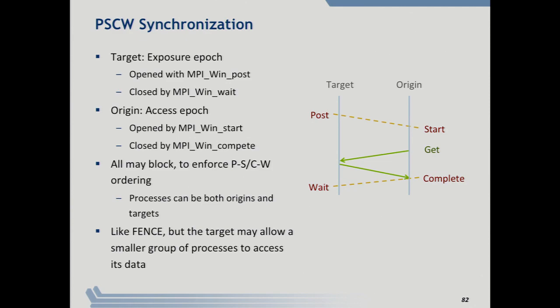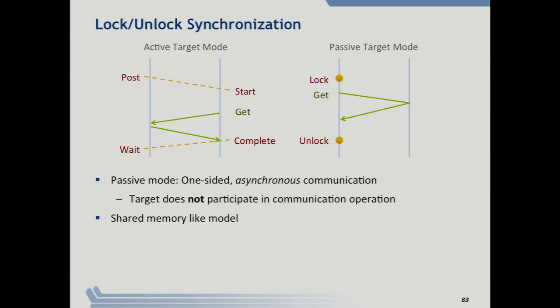So, it's like fence, but it's a little weaker. The lock-unlock, as I mentioned, is the only one where only one process makes any calls at all. So you do a lock, you do gets and unlocks.